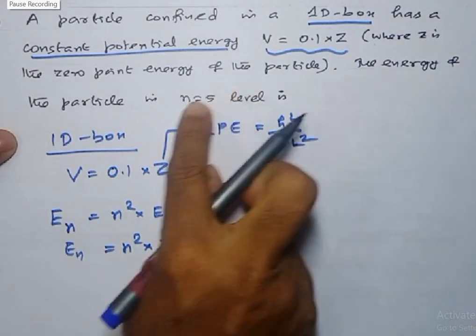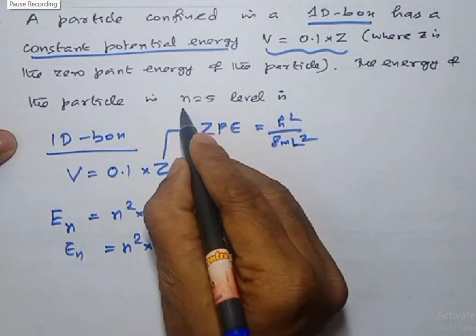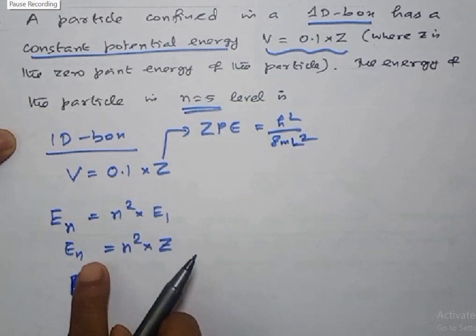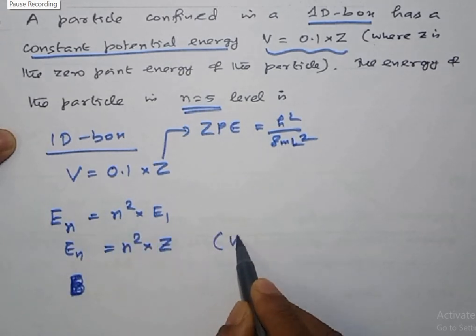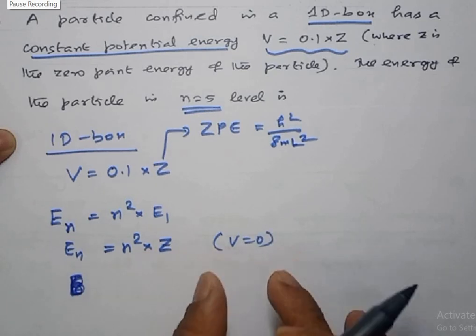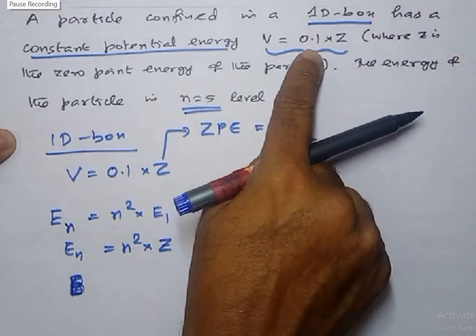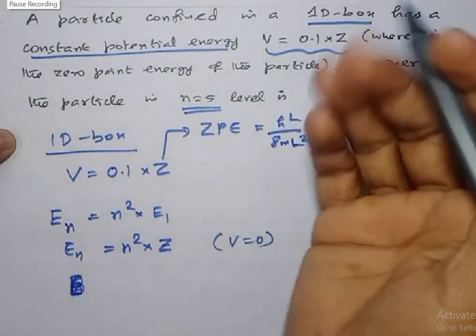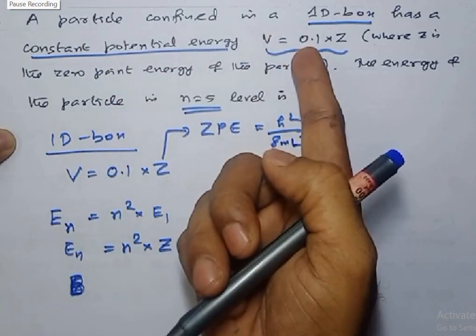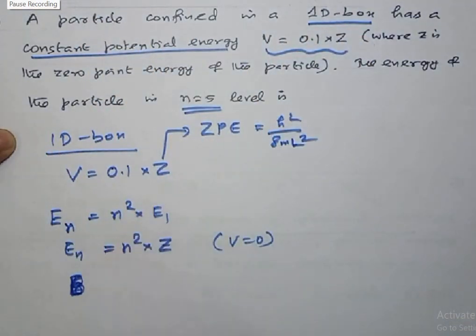Now in the problem they are asking the energy of the n equal to 5 level. So in the place of n we put 5. But one more thing, I'm sorry. This is the energy formula if potential energy is 0. But now potential energy is not 0. So what to do? But it is a constant. Whenever potential energy is constant, you add that value as such in the energy formula.